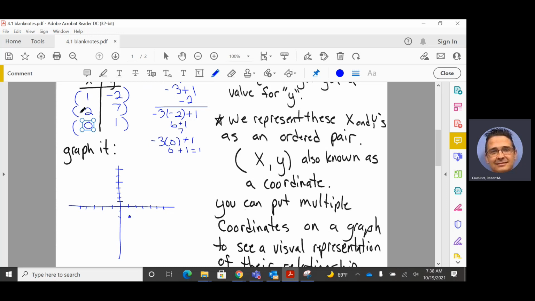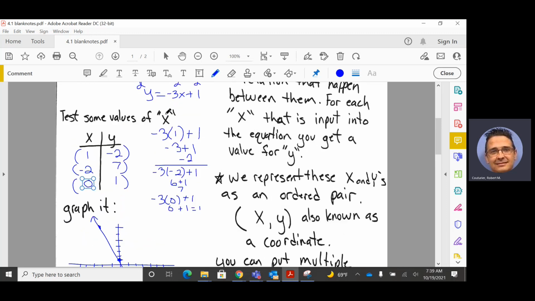We have the point -2, 7. Right about there. And 0, 1. Notice how all these points just happen to line up. Of course, if I draw my line a little straighter. But every single point that could possibly fall on that line is technically a solution to this equation or this function here.